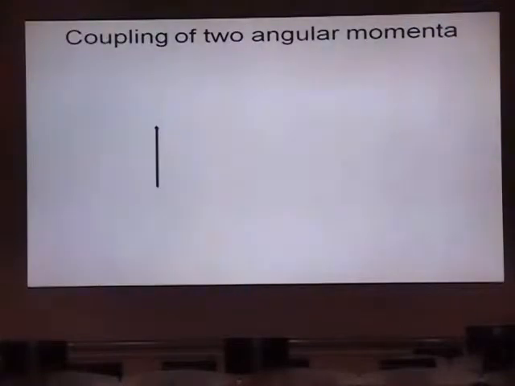Okay, so let's consider which angular momentum can be formed. So imagine this is the angular momentum of one particle. I could in principle add another angular momentum like that to get a sum, which is the sum of the 2. Or I could add another particle going off in a different direction.